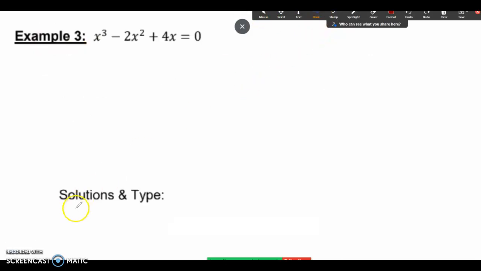We're going to jump to example 3. One side's equal to 0, but I'm going to factor out an x. And then I can identify my a, b, and c.